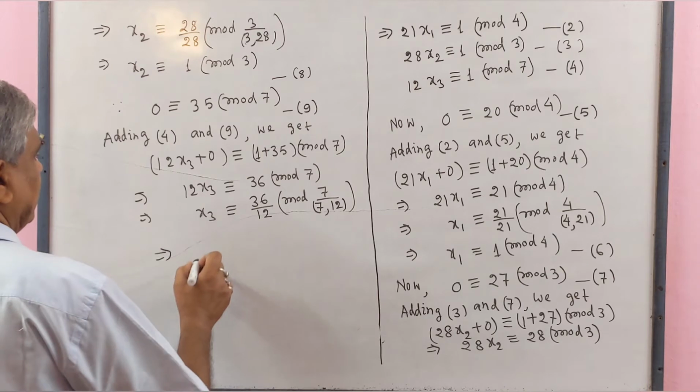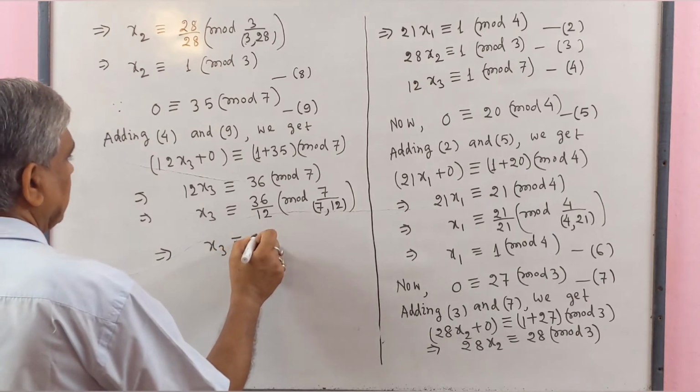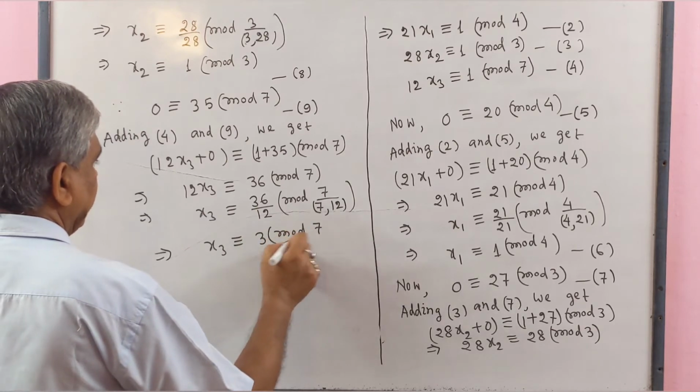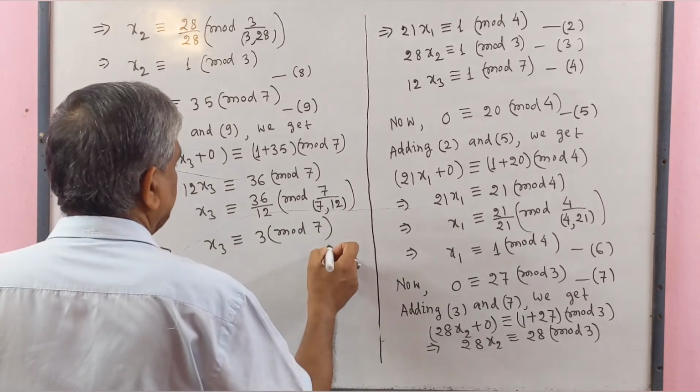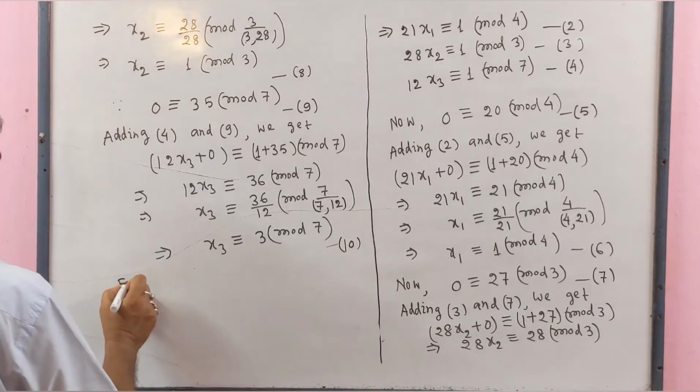Implies that x3 is congruent to 3 modulo 7. This is number 10.